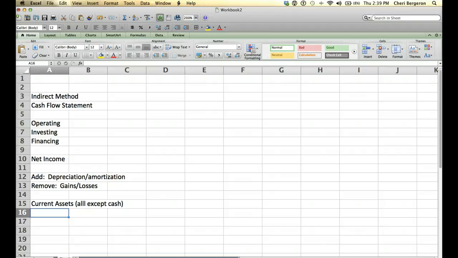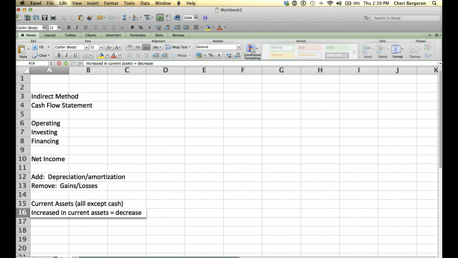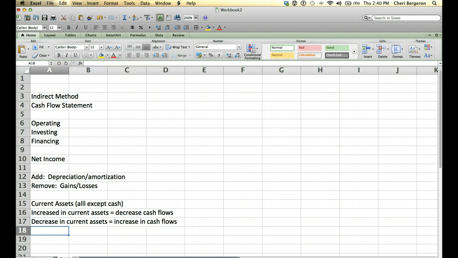We're going to say that if current assets increased, then we will decrease our cash flows. And if there's a decrease in current assets, then that will be an increase in cash flows.